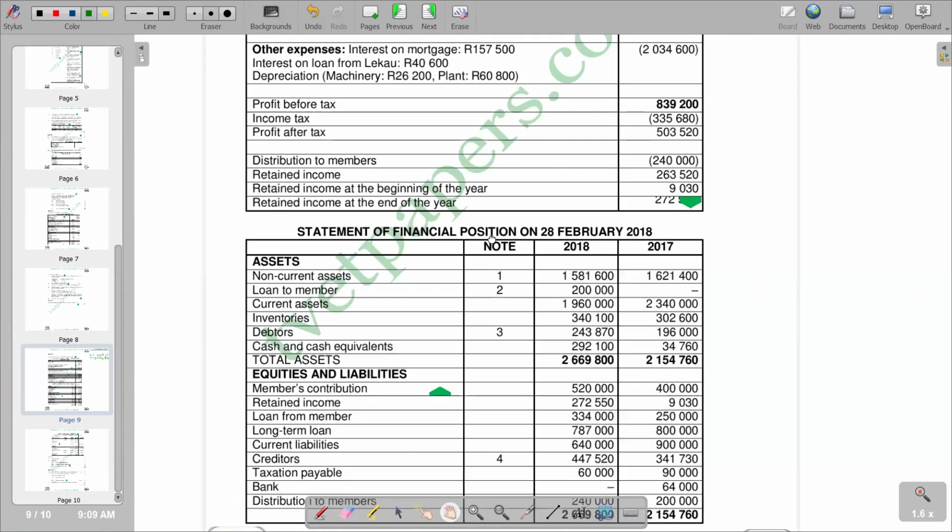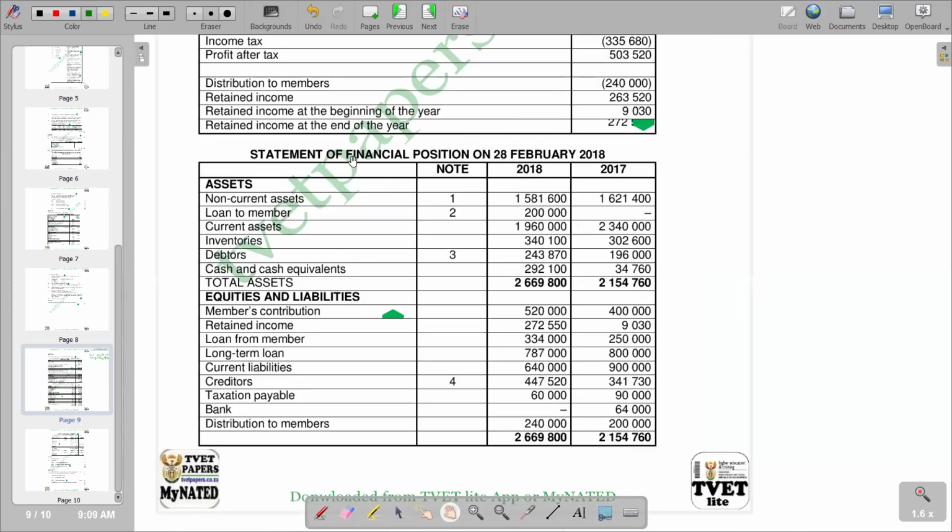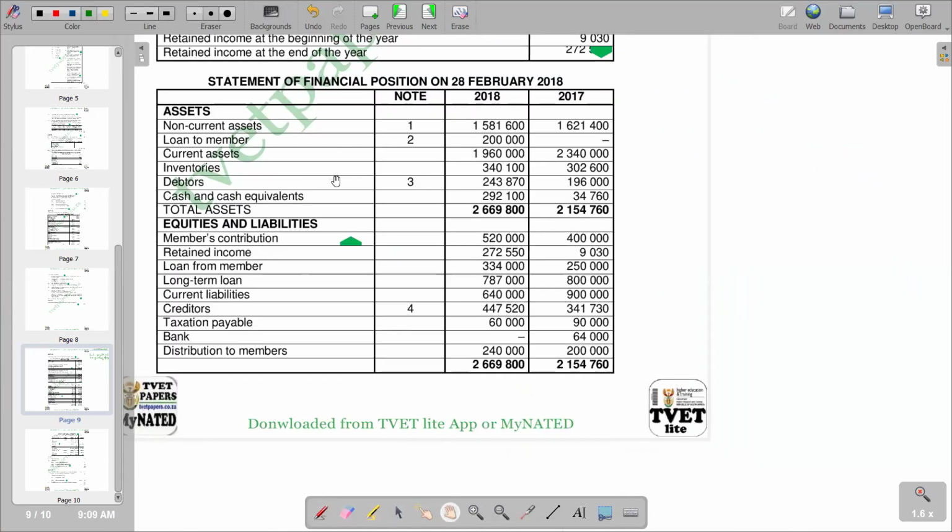We see that in the statement of financial position, that's where we're going to get those figures. If you come here, you see that in the equity and liability section we've got distribution to members, 200,000. Remember, this is 2017, which shows the opening balances at the beginning, and 2018 shows the closing balances at the end.